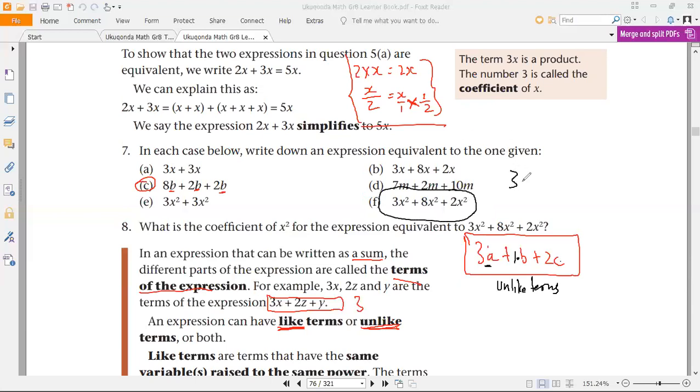Suppose I add 3x squared plus 3x. Tell me, guys, are these terms alike? Does the term 3x squared look like the term 3x? That's a question that I'm asking.